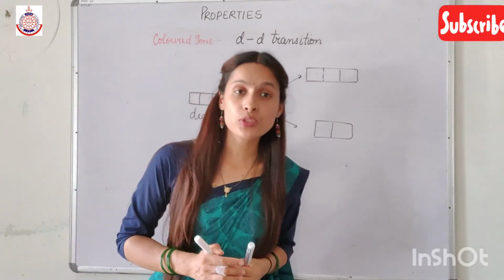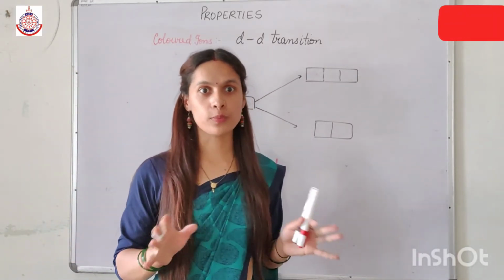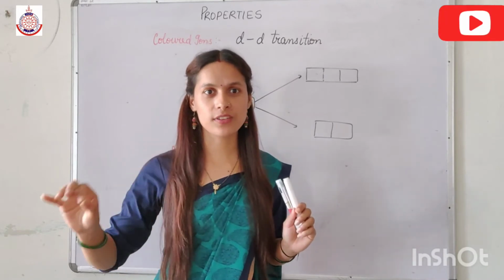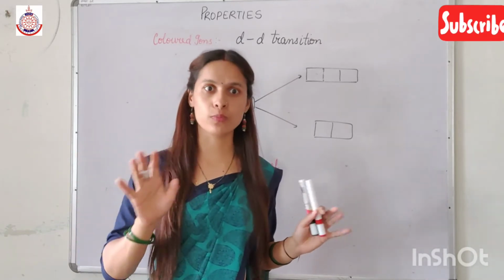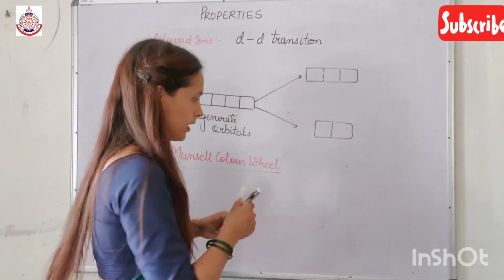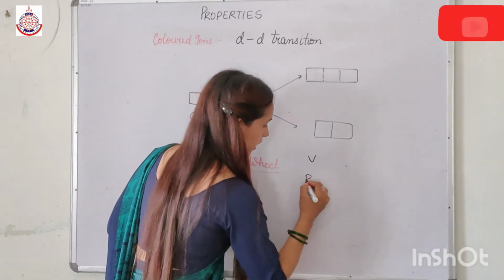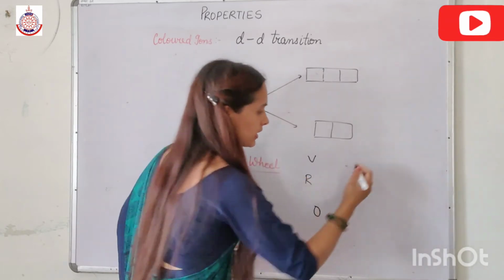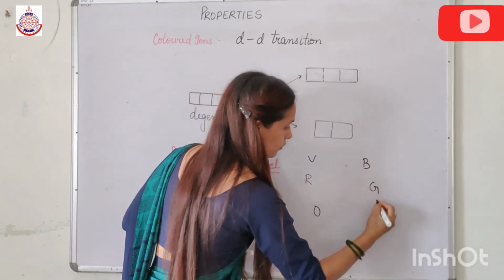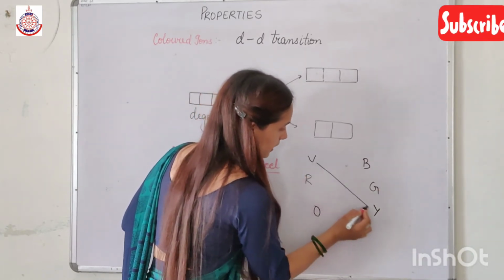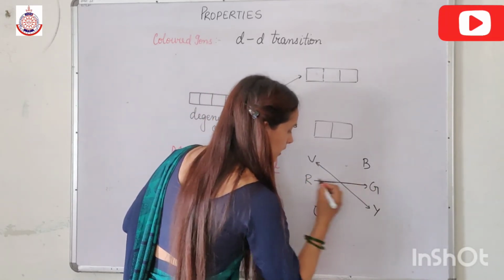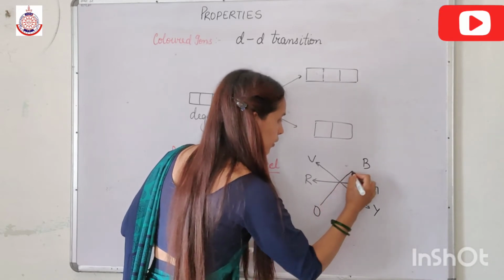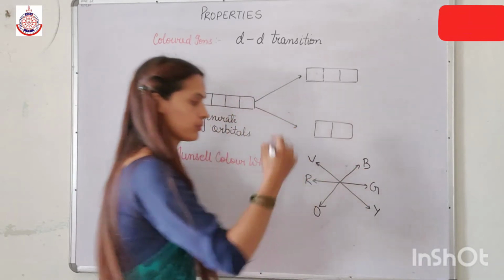Now, the Munsell color wheel is very busy. बहुत busy है. Vero, V-R-O. Busy, B-G-Y. Complementary color of violet is yellow. Complementary color of red is green. And complementary color of orange is blue.